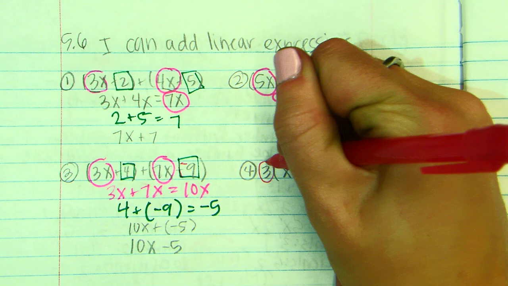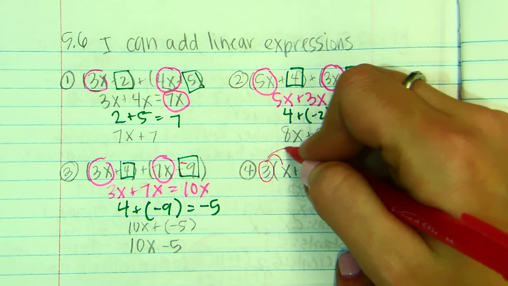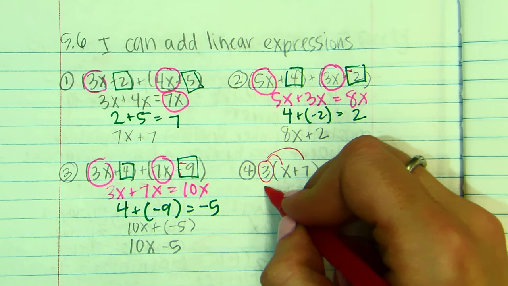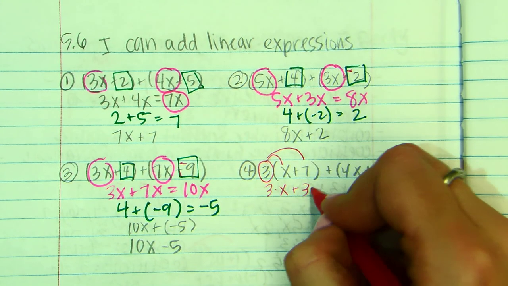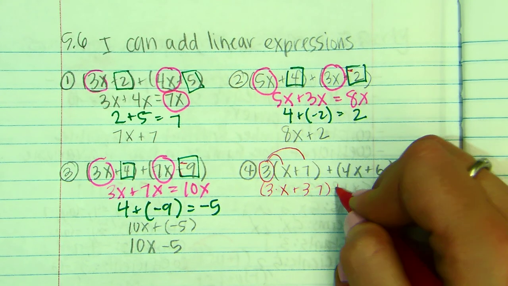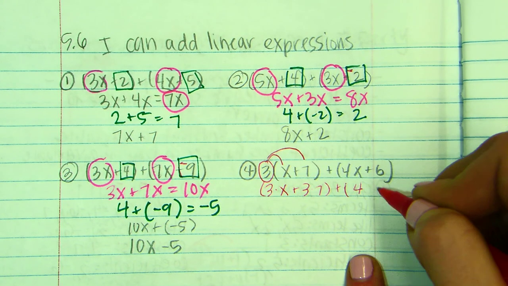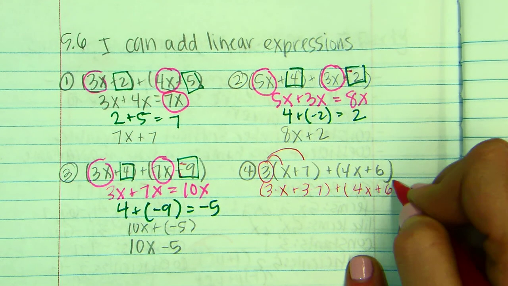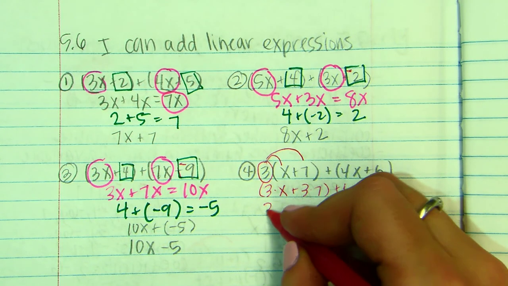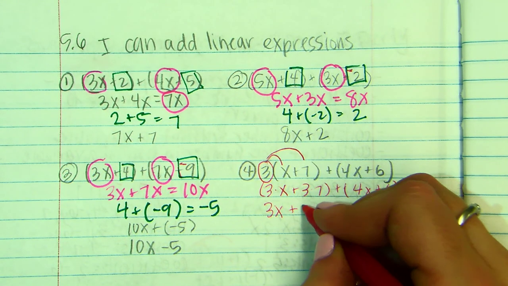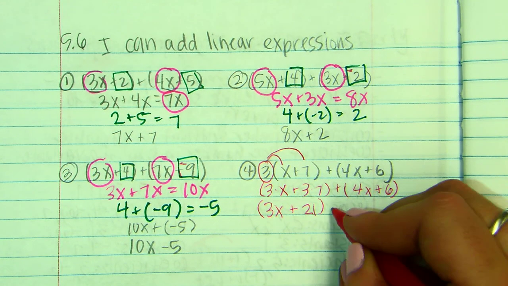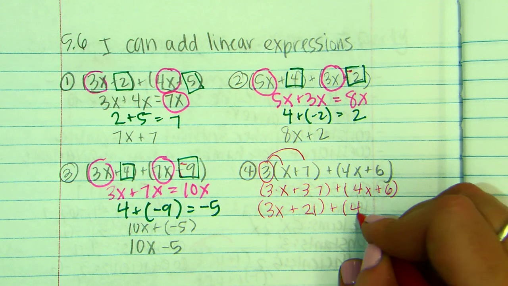I'm going to circle my 3, show that I'm doing 3 times x and 3 times 7. So 3 times x plus 3 times 7 over here, plus this part doesn't change. I still have 4x plus 6 over here. 3 times x is 3x. 3 times 7 is 21. So I have 3x plus 21 plus 4x plus 6.